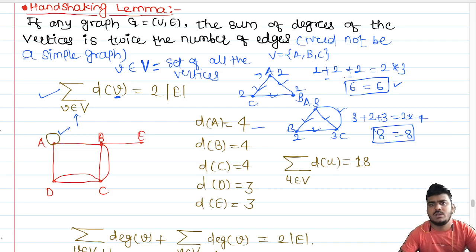Similarly, degree of B is 4, degree of C is 4. Degree of D: 3 edges are there, so degree of D becomes 3. Degree of E: here a loop is there, so degree of E becomes 3. If I sum all the degrees, 4 plus 4 plus 4 plus 3 plus 3, that becomes 18. So sum of degrees becomes 18.